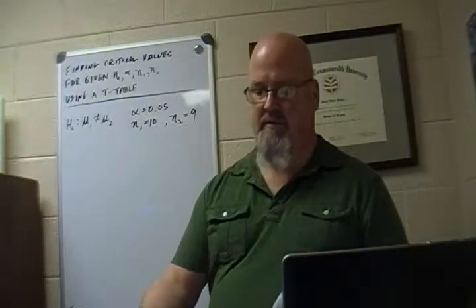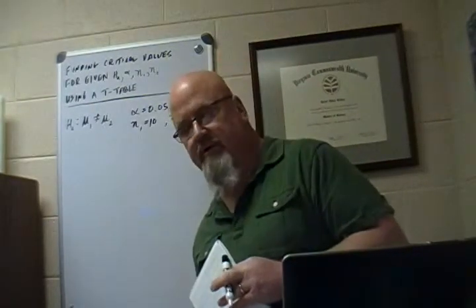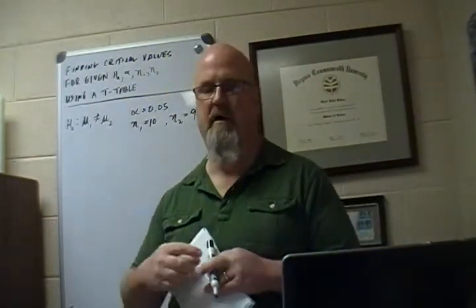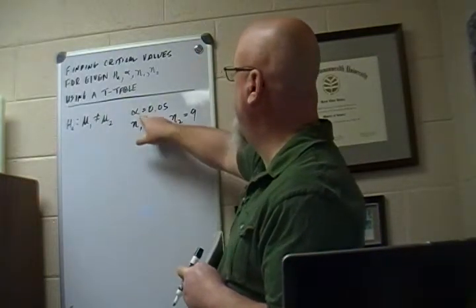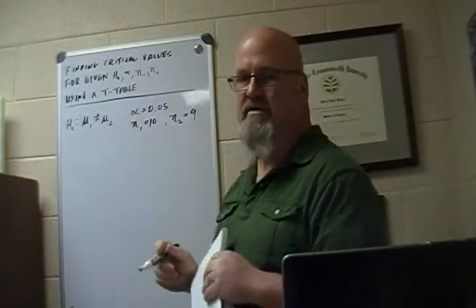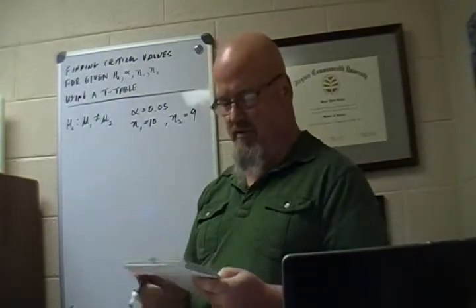To use a t-table, you really only need two things. You need your degrees of freedom and your confidence level. We have that, alpha 0.05, so we really only need to find our degrees of freedom. Then it's just a matter of looking up in a table.